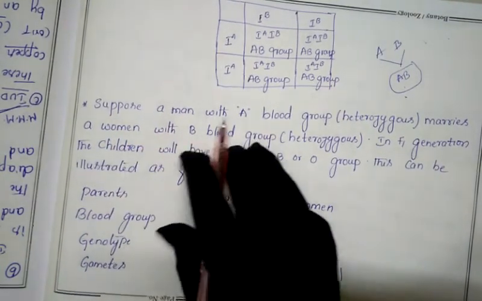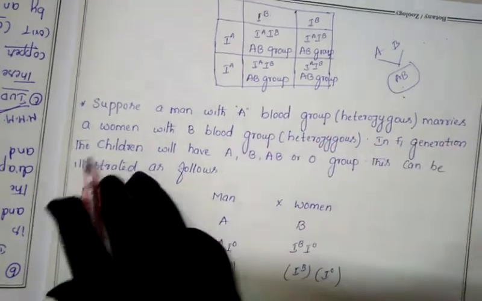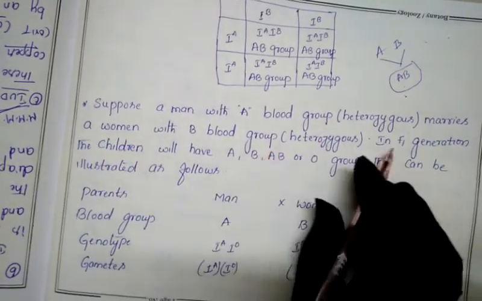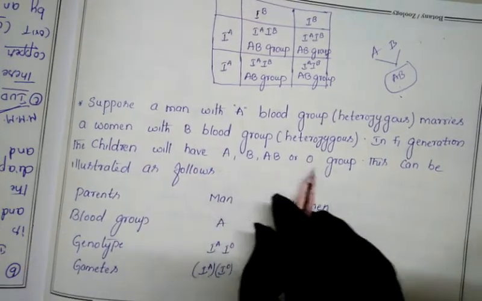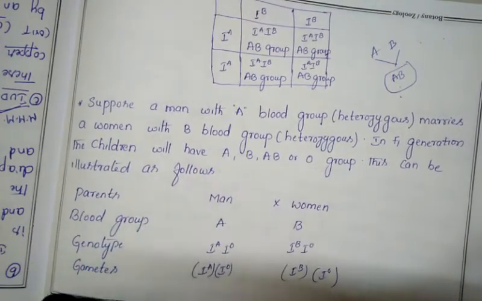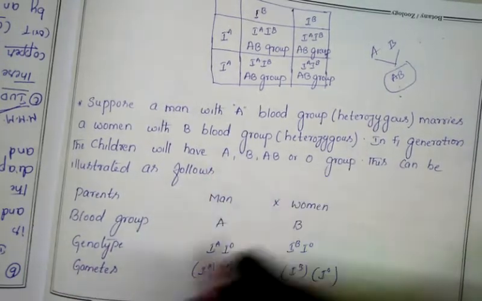Suppose a man with A blood group marries a woman with B blood group. In the F1 generation, children will have A, B, AB or O group. This can be illustrated as follows. Here they are asking the same pattern.